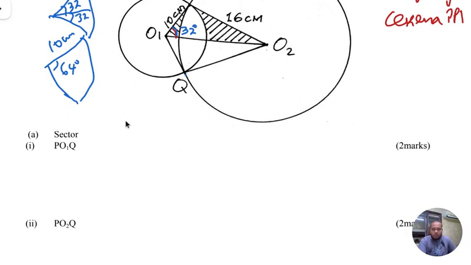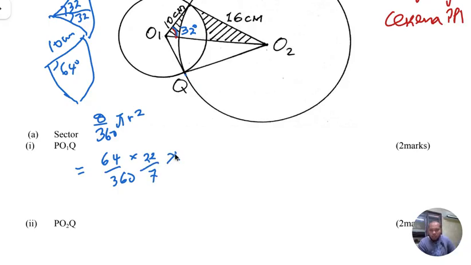So radius yako ni 10 cm na umeambiwa tafuta area of the sector, which is very easy. So area of a sector is always given by theta over 360 times pi r squared. So theta yako hapa ni 64 over 360 times 22 over 7 times r squared yako. R squared yako sasa ni 10 cm, 10 square.